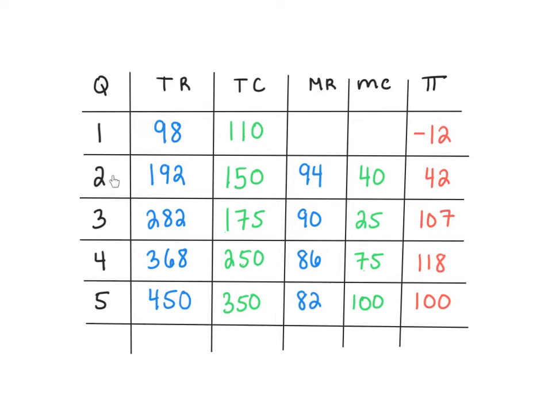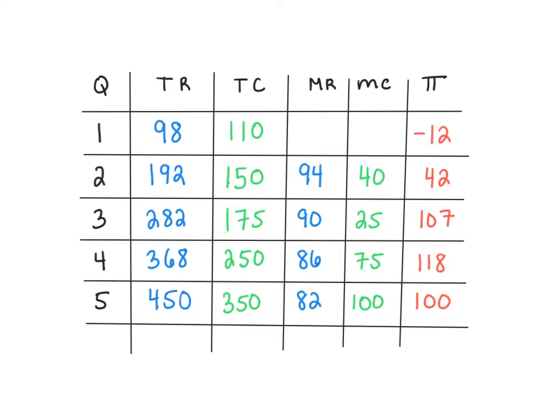In producing 2 units, the firm generates $192 in total revenue, incurs $150 in total cost, and so makes a profit of $42. Let's look a little bit deeper by looking at what's happening on the margin.